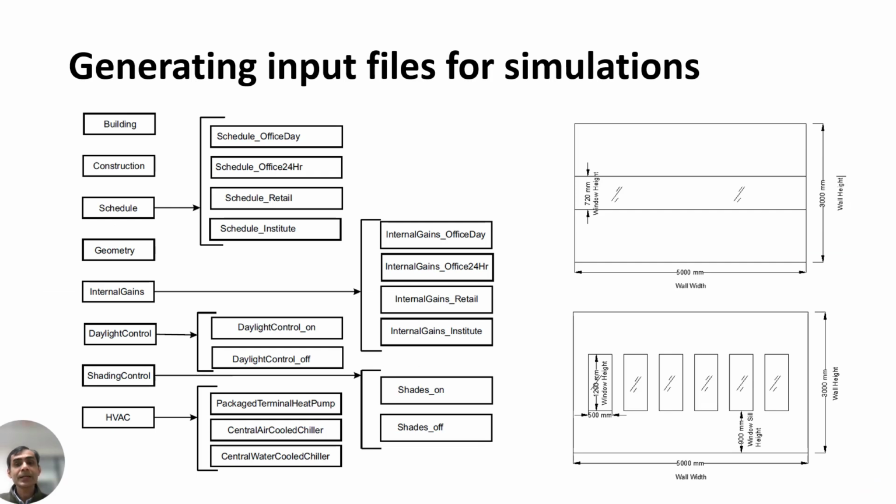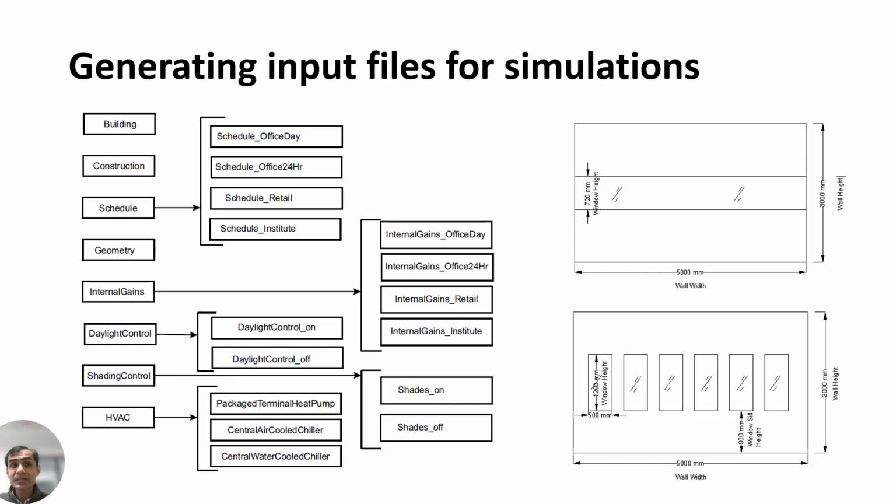So once input parameters and variables are defined by the user, the next step is to generate input files for the simulations. Generally, you can use any energy simulation tool such as EnergyPlus or DOE. All these energy simulation tools at the back end have a text file where all input related parameters are written.